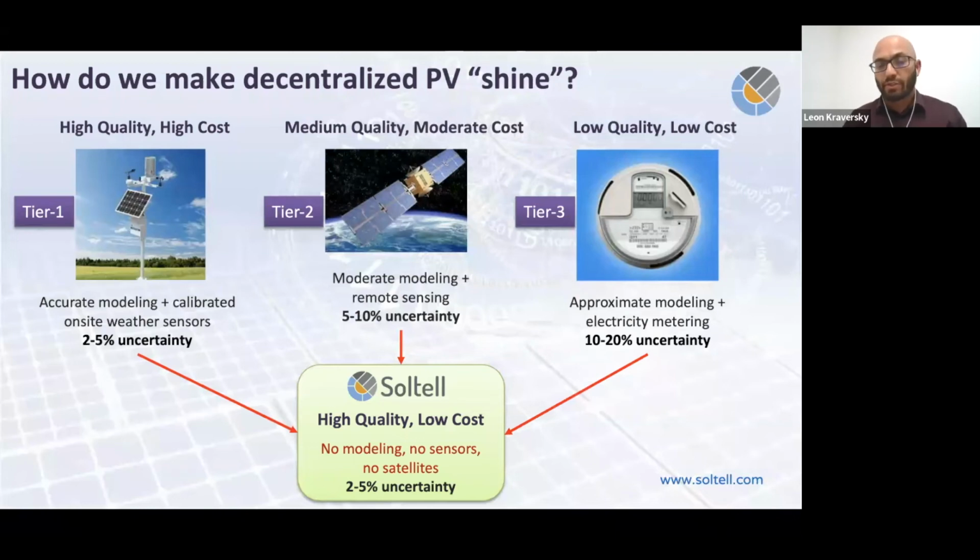So we have been researching all those techniques and trying to apply this to the spectrum of PV sizes of different segments, and basically fit the best possible technique, which in theory could bring high quality at low cost and, to the best of our ability, make it without modeling, without sensors, and of course also without satellite dependency, while reaching the same level of uncertainty.